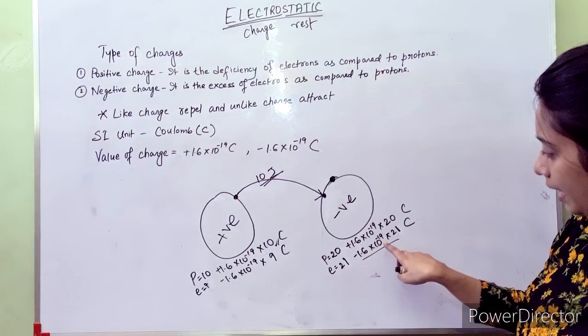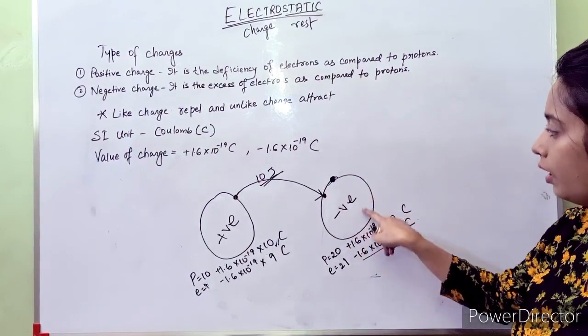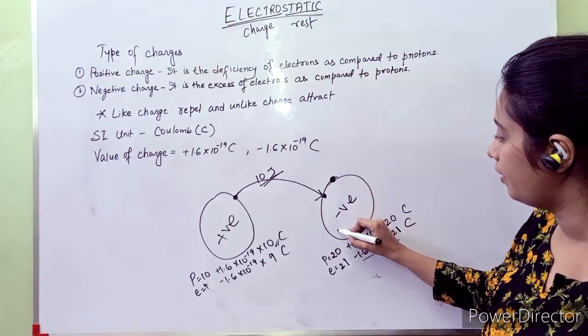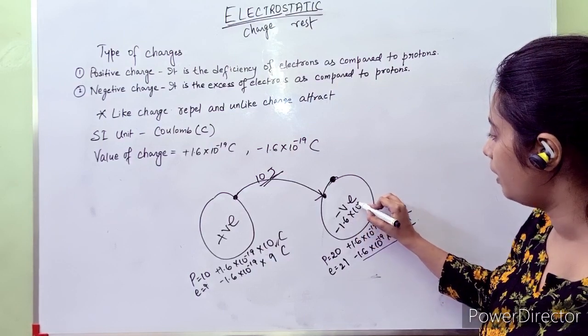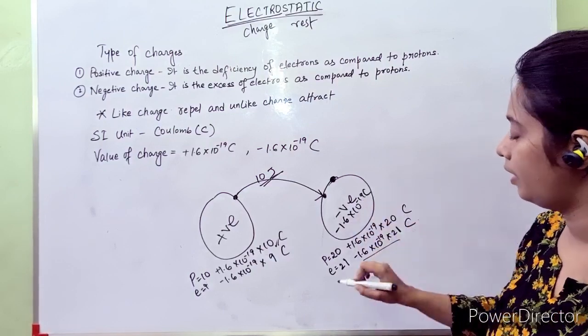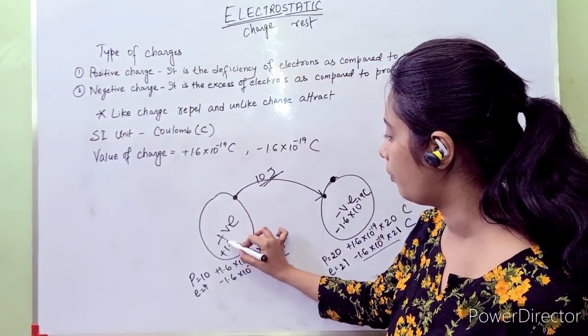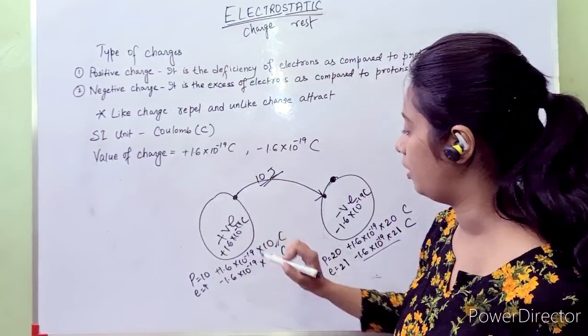See here, the electron number is in excess by 1. So overall, the charge of this atom will be minus 1.6 into 10 to the power minus 19 coulomb, and the charge of this atom will be plus 1.6 into 10 to the power minus 19 coulomb.